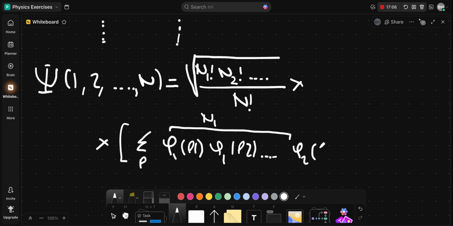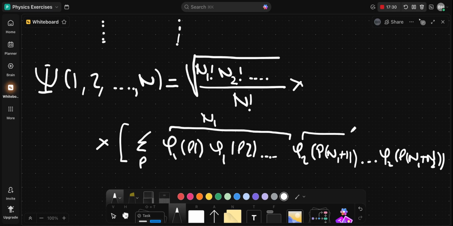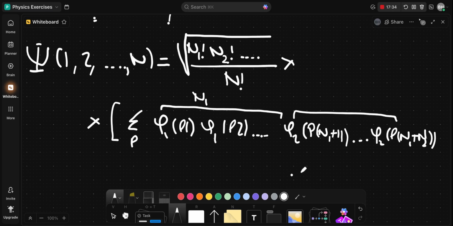I could write that as p n1 plus 1 here, right? Because the first n1 are in state 1, and up to p n1 plus n2, you have the particles in state 2, and it keeps going like this.